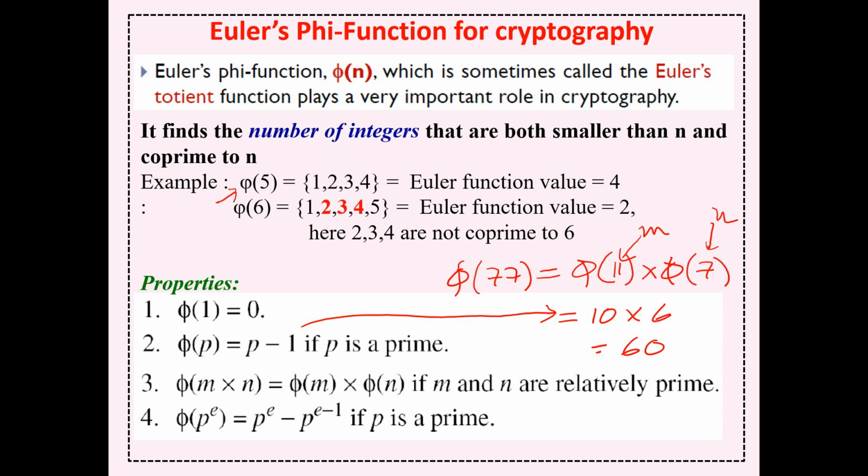If it is very high, then we can represent p to the power e, if we decompose the number in such a manner, as p to the power e minus p to the power e minus 1. So these 4 rules, please make a note. I'll take an example to explain all the parts. Have you noted down all 4? All right.